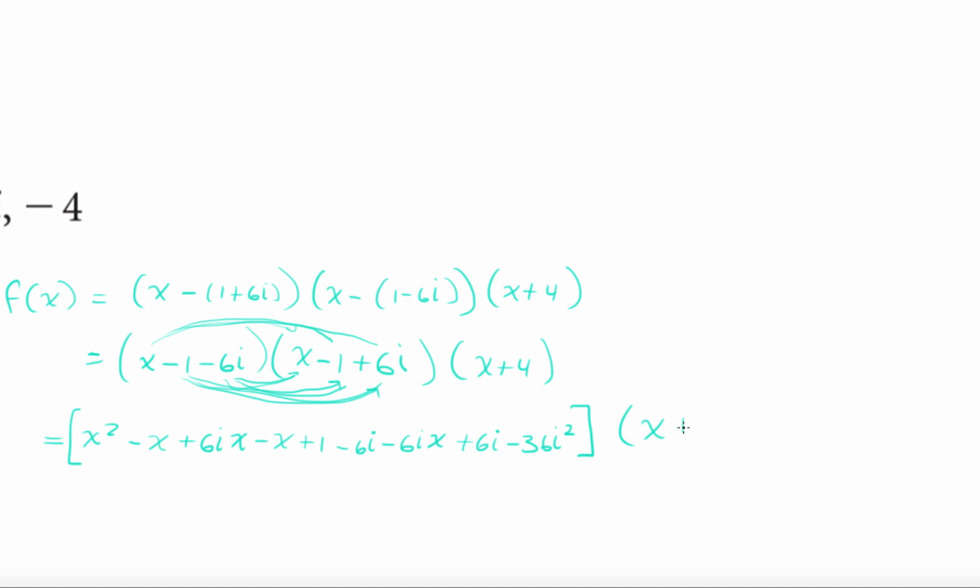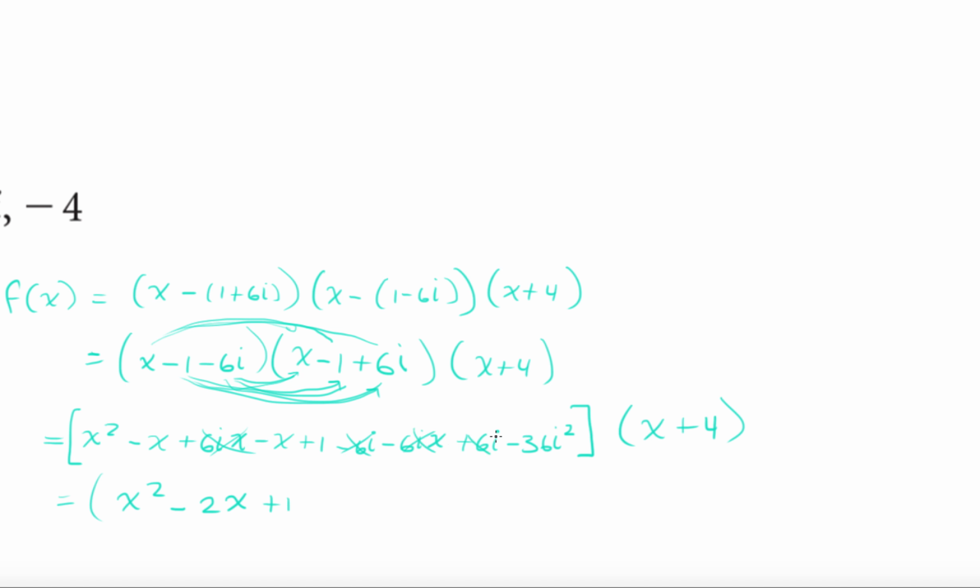Times x plus 4. Now, even though it looks crazy, there's a lot of terms that are going to cancel out. So x squared minus x minus x is minus 2x. 6ix minus 6ix is 0. So plus 1. And then negative 6i plus 6i becomes 0.